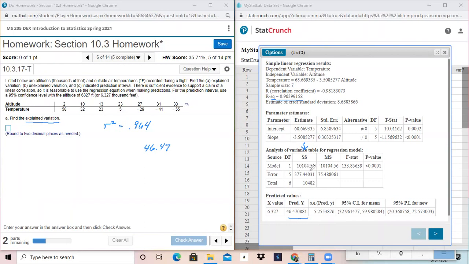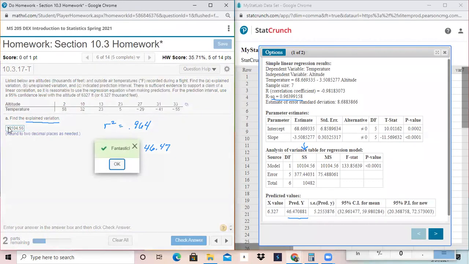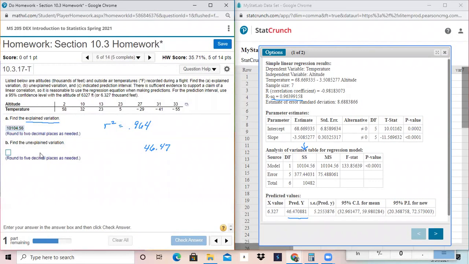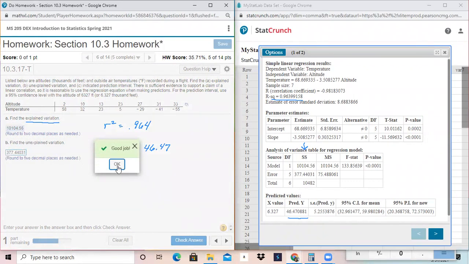The explained variation is going to be 10,104.56. The unexplained variation is the error directly below that, and this says round to 5 decimal places, which is what it's got. So I'm glad it doesn't want more than that.